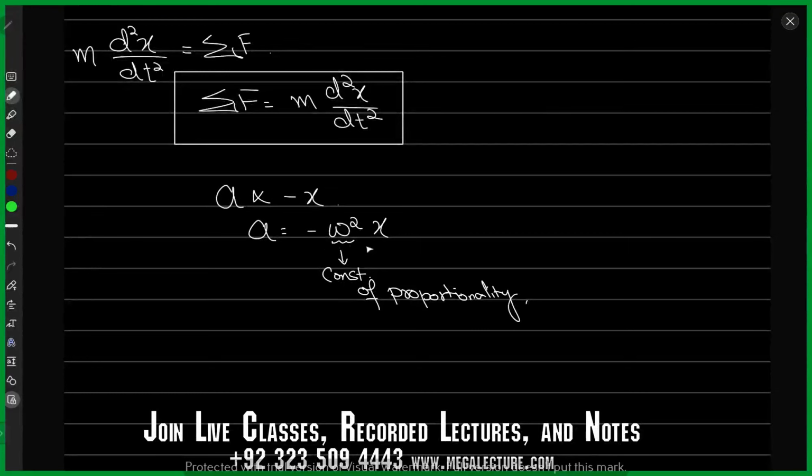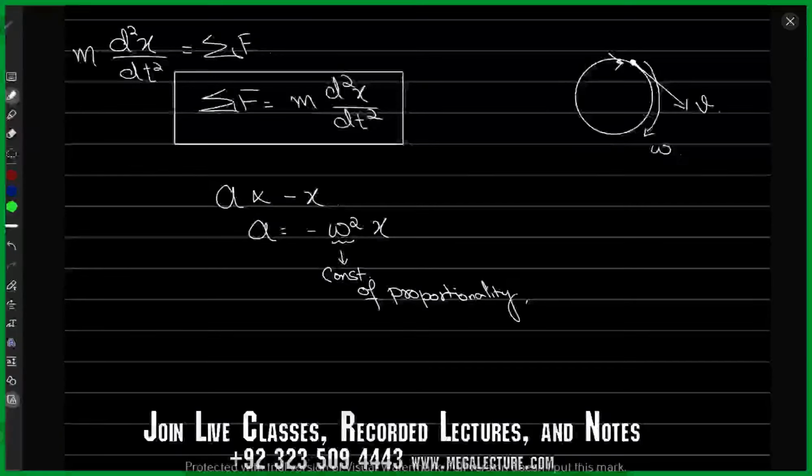Do you understand what this omega is? If something is, for example, moving in a circle, it will have two types of velocities. One is a velocity that is completely translational, that was v, and the other is the velocity of its rotational speed. That's omega. That's the angular velocity, right?